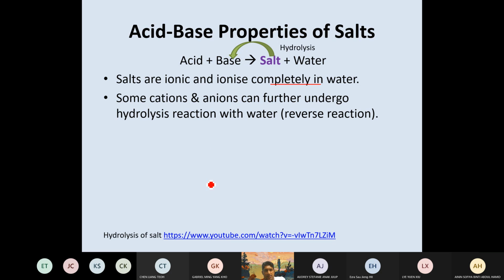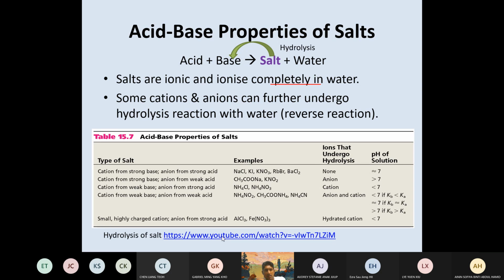All right. So now you see that sodium chloride, potassium iodide, potassium nitrate, rubidium, all these are from group 1A: sodium, potassium, rubidium, cesium.